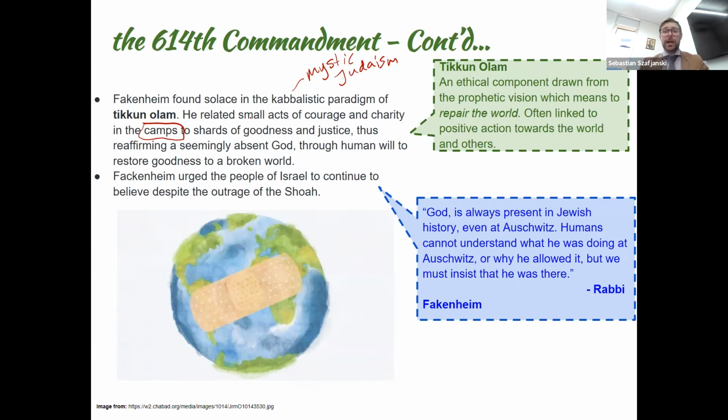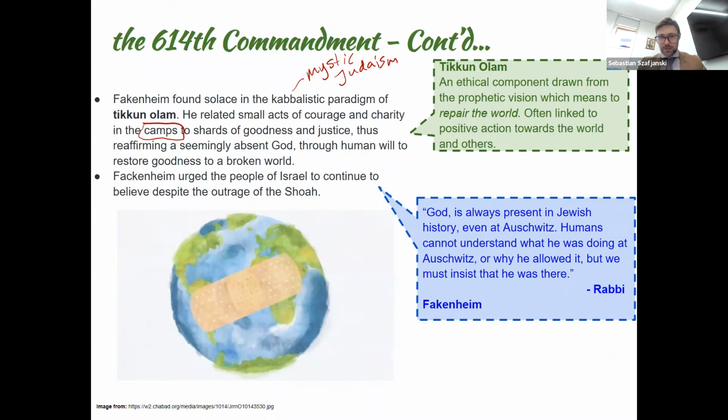These are just three of many. Through human will, really, man could restore this broken world through these little acts that happen. And he urged people to continue to believe despite the outrage of the Shoah. And he really reaffirmed this presence of God in human history.